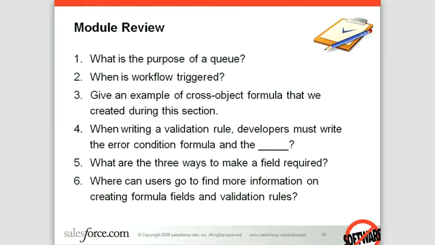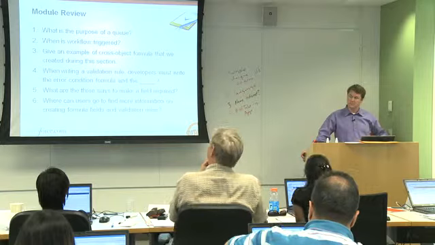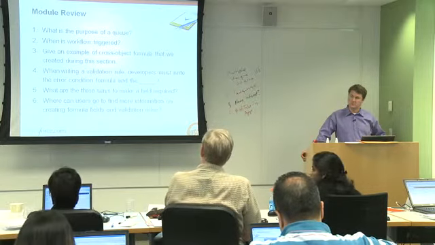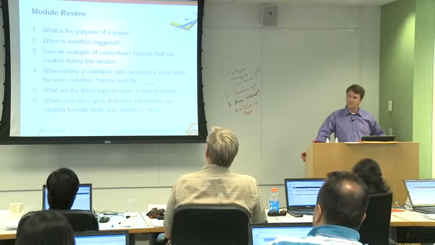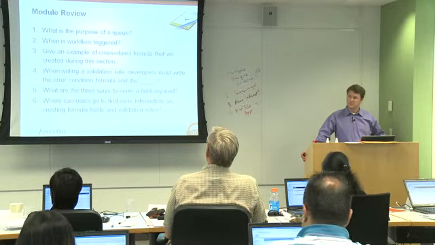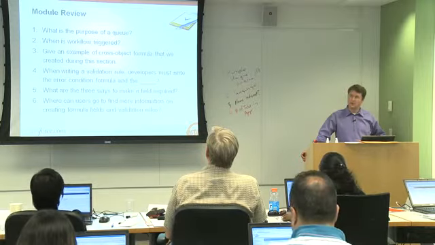Kevin, give an example of a cross-object formula that we created today. Sure. On the offer object, we put the full name, the first and last name of the person, and then also the position title we put on the offer object. Great.